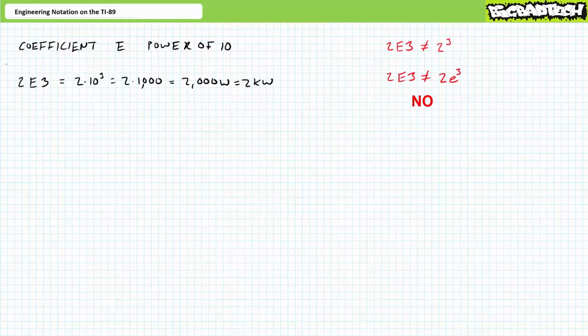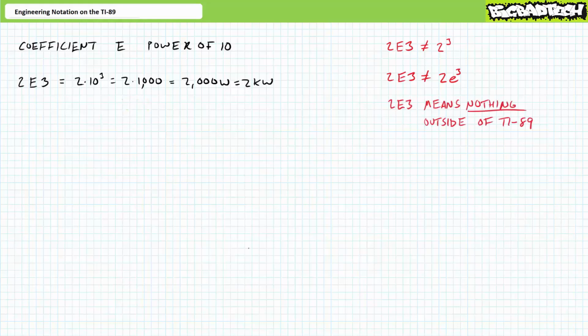Lowercase e is an important mathematical constant serving as the basis of the natural logarithm. Numbers like e and its irrational BFF, pi, are transcendental and play important recurring roles in mathematics. As cool as this is, it's not what engineering format means. 2E3 means 2 times 10 to the third, or 2,000 watts, or 2 kilowatts.